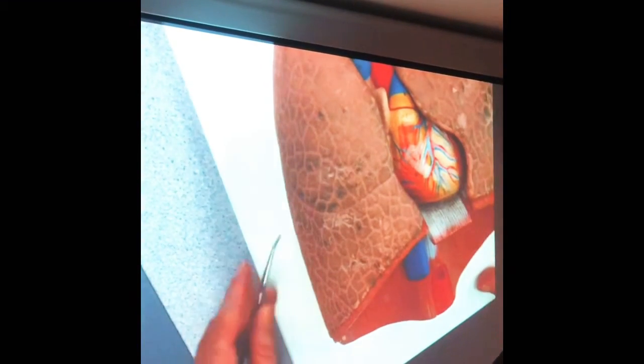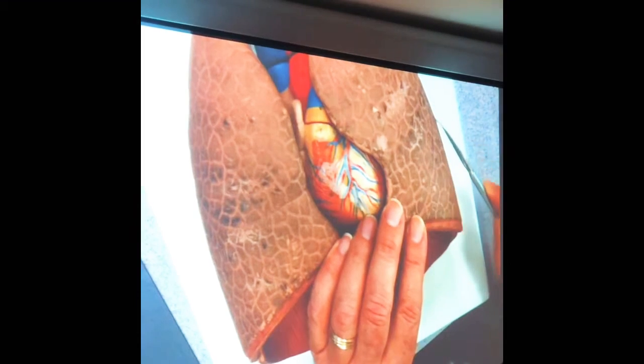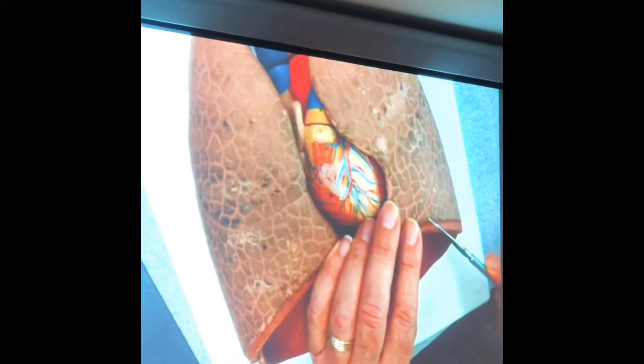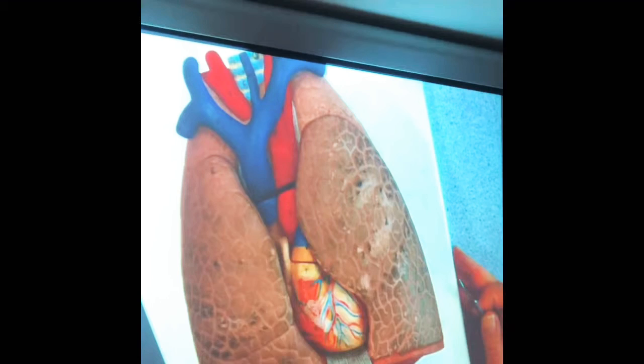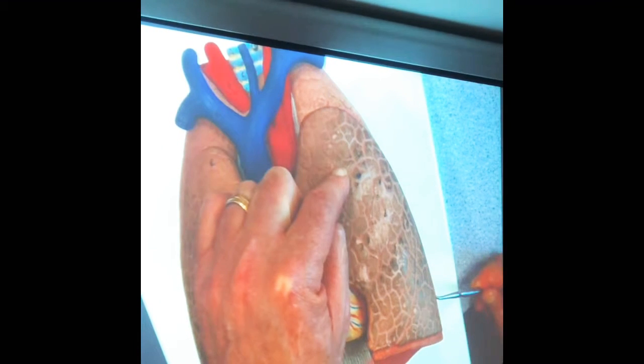Now on the left side, there's one oblique fissure. Very dirty, this model, but clear. So the oblique fissure shows you that this is the superior lobe, this is the posterior lobe.